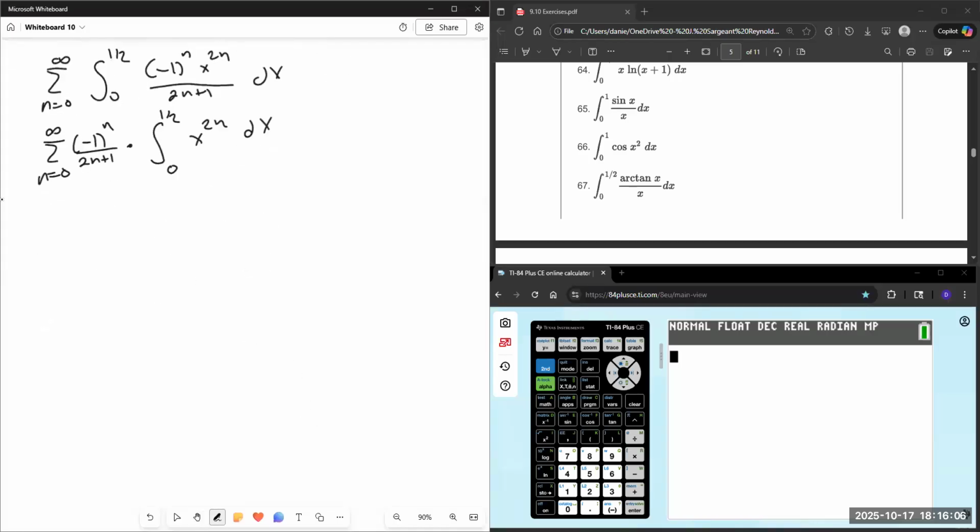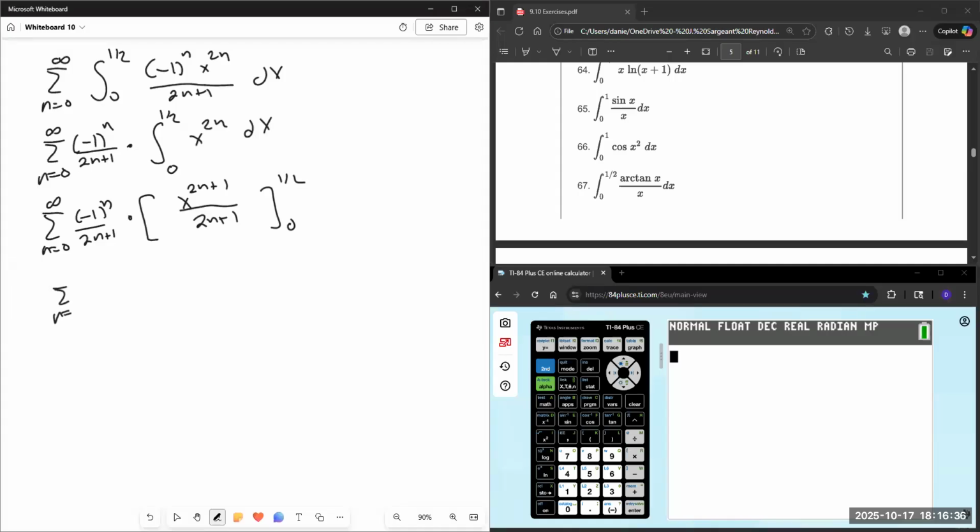So this is going to be the summation n equals 0 to infinity of (-1)^n over 2n plus 1, times, and then this, according to the power rule, is x^(2n+1) over 2n plus 1. So I'll pull that out there.